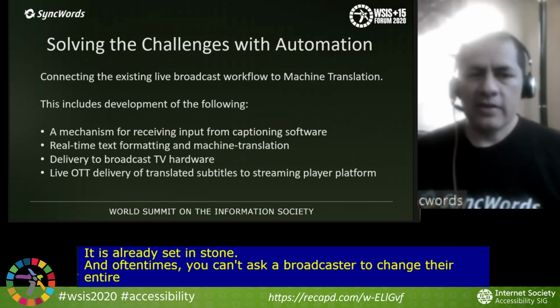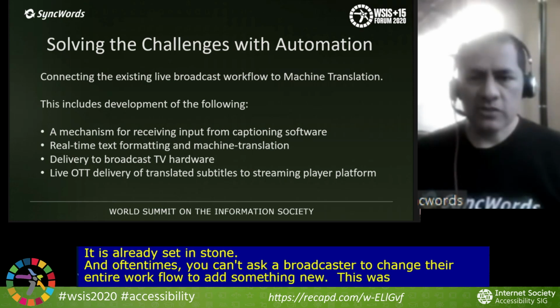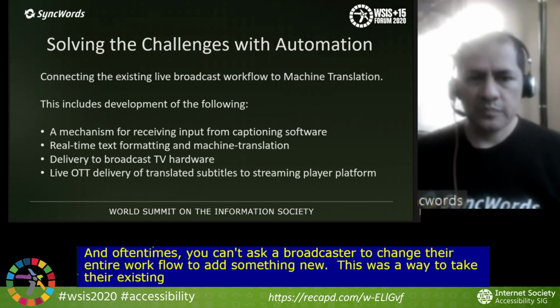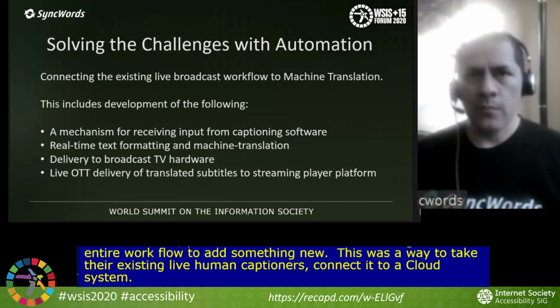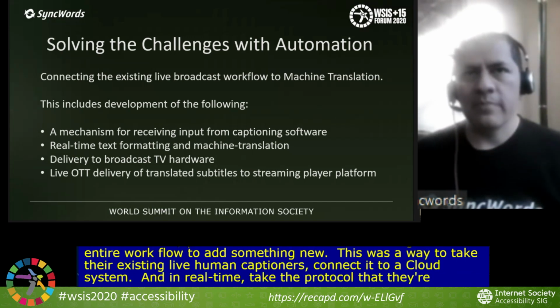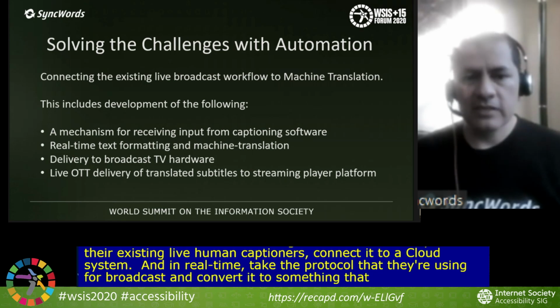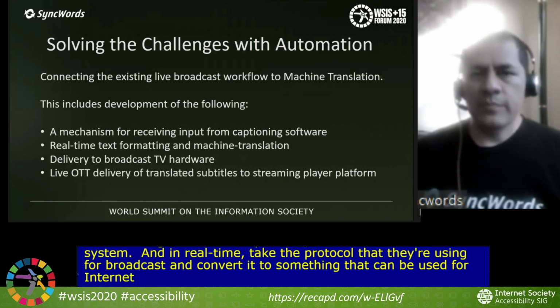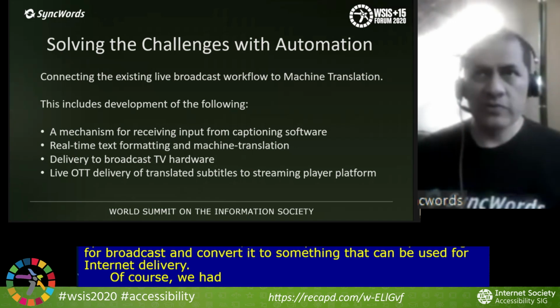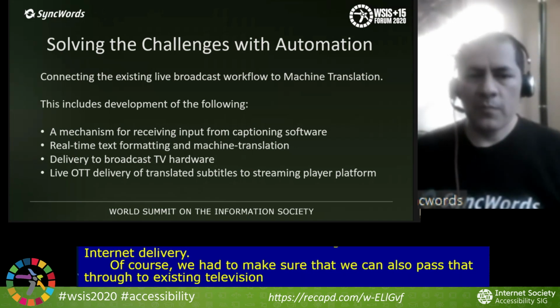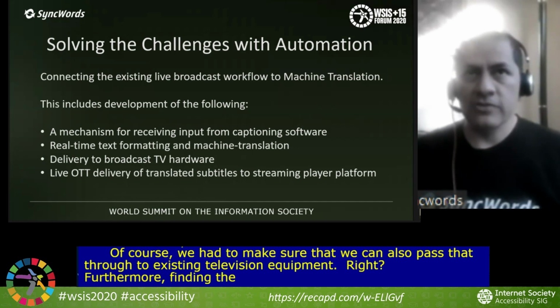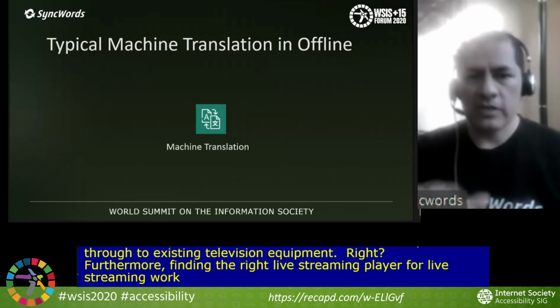So this was a way to take their existing live human captioners, connect it to a cloud system, and then in real time take the protocol they're using for broadcast and convert it to something that can be used for internet delivery, right? And of course, we have to make sure that we can also pass that through to existing television equipment, right? Furthermore, finding the right live streaming player for live streaming workflows was really critical, a player that could support multiple languages all at once.